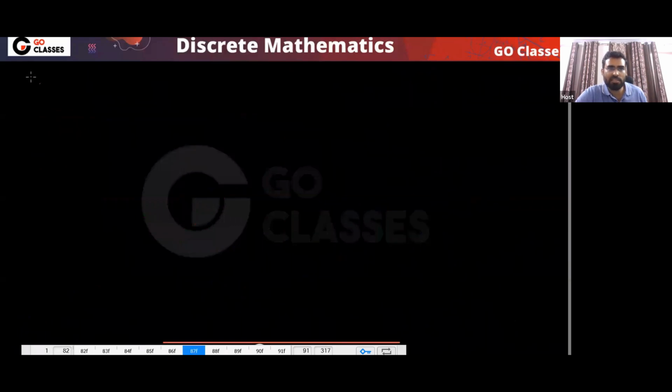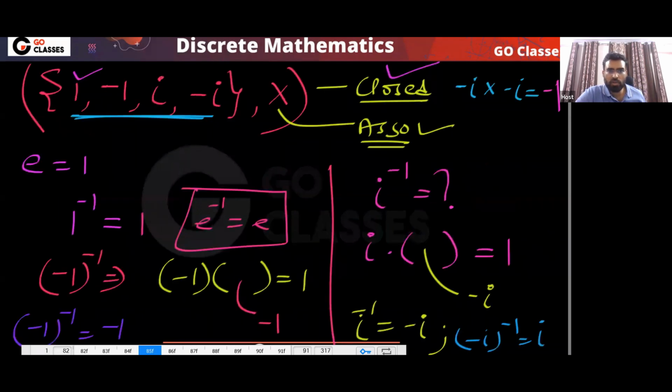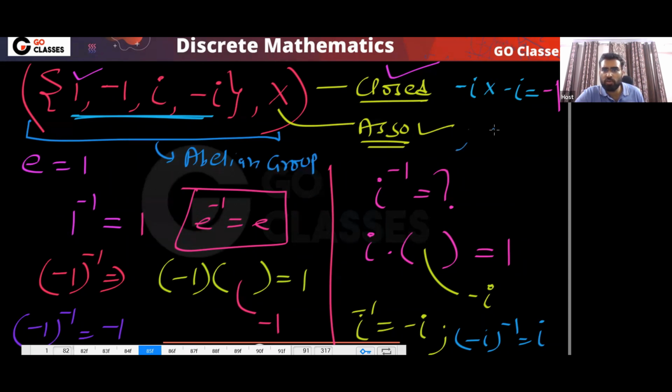So what we have seen, this is the conclusion. You can notice all the properties are satisfied. So this structure is an abelian group, because it is commutative. Multiplication is commutative also.